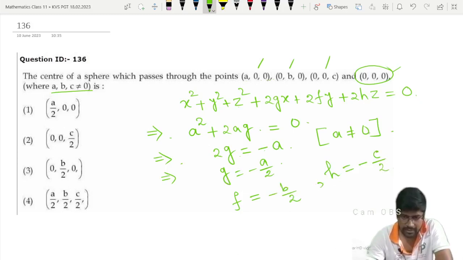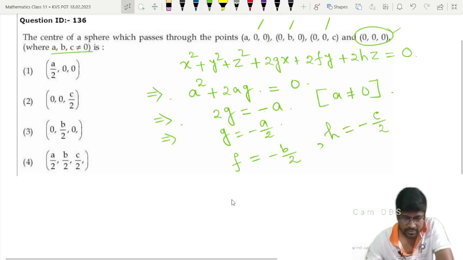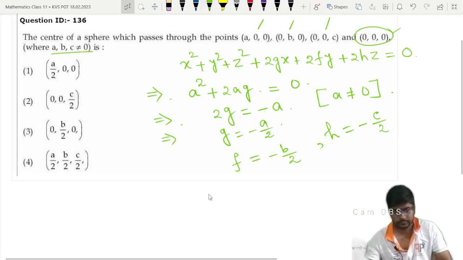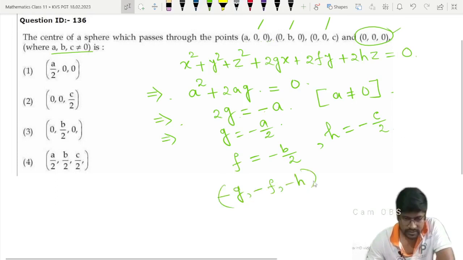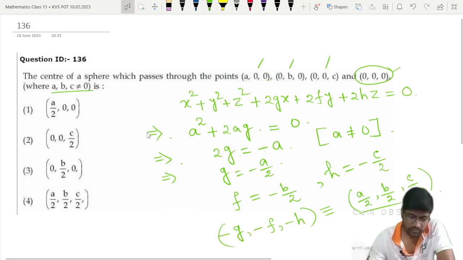The coordinates of the center of this sphere will be minus g, minus f, minus h, that is a by 2, b by 2, c by 2. So this is the center of the sphere. Now look at the options. Option 4 is the correct answer.